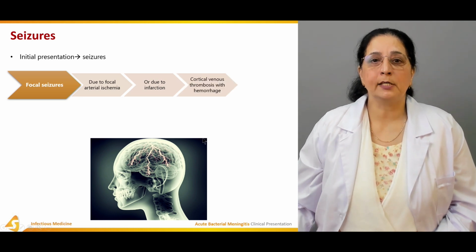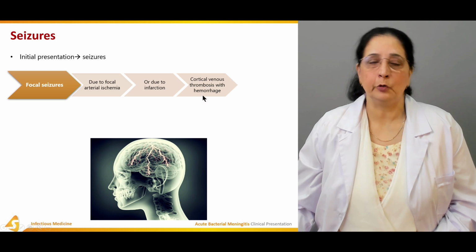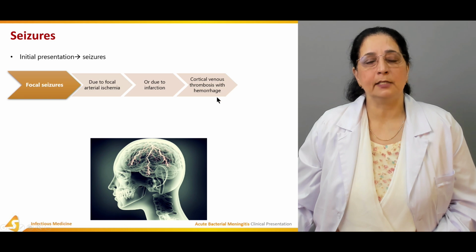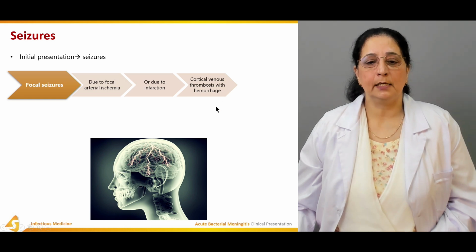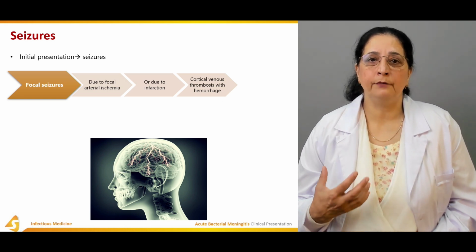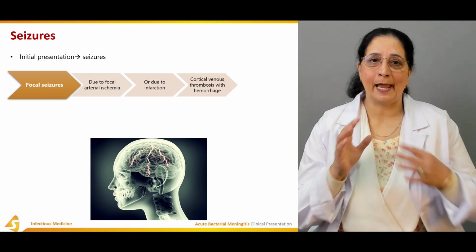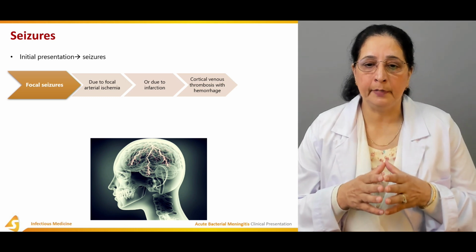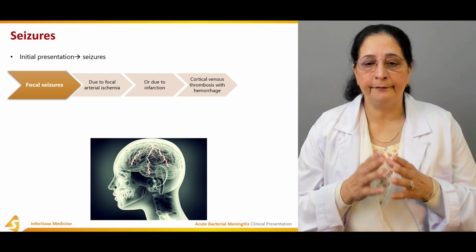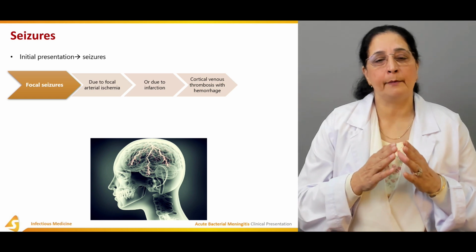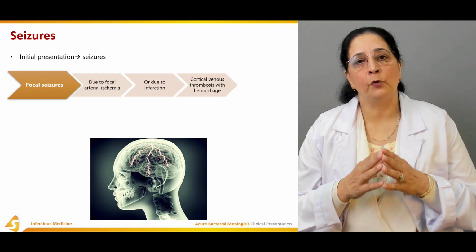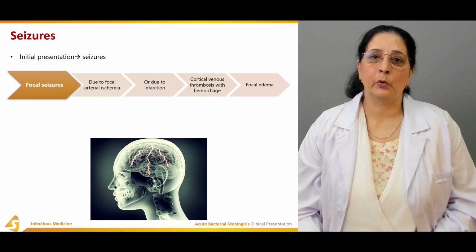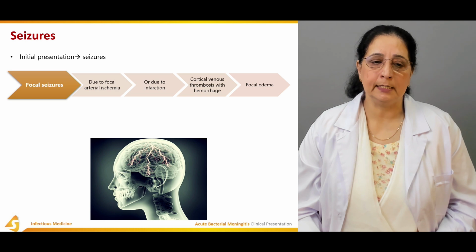Also, we have cortical venous thrombosis with hemorrhage, which is another cause of the focal seizure. So it can be due to infarction, arterial ischemia, or cortical venous thrombosis with hemorrhage that can cause focal seizures. There is also focal edema which can cause seizures.